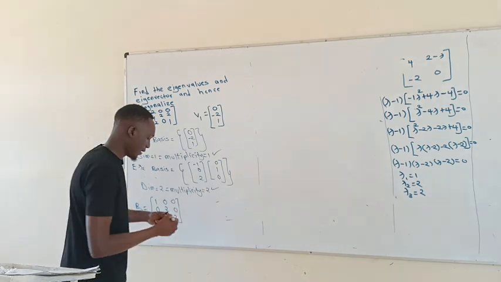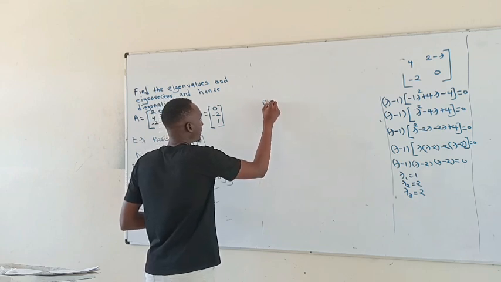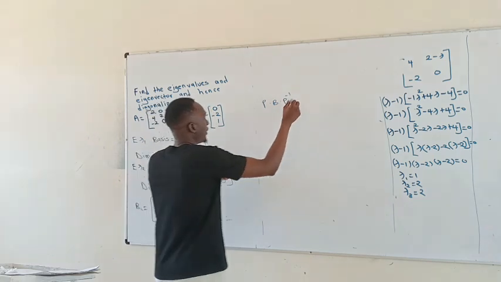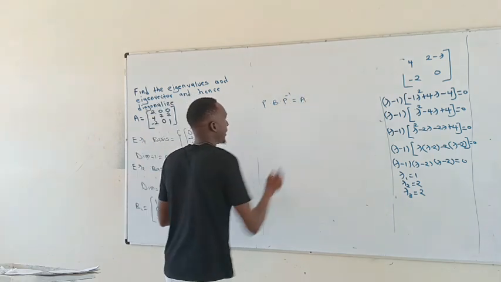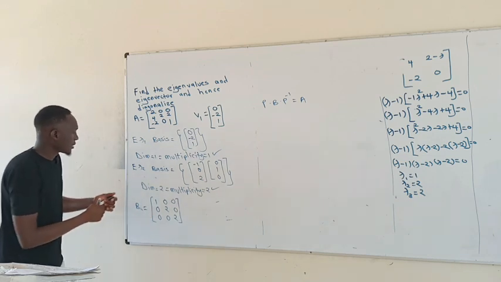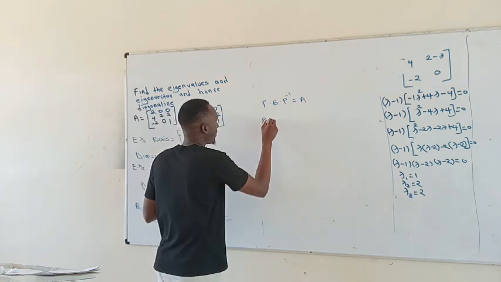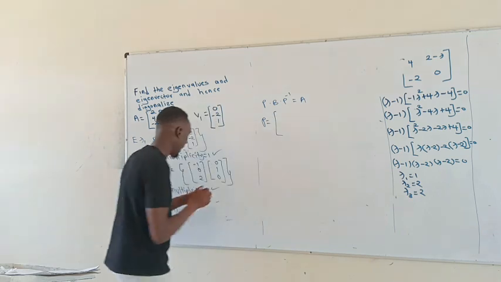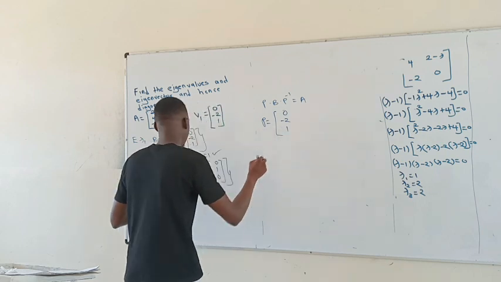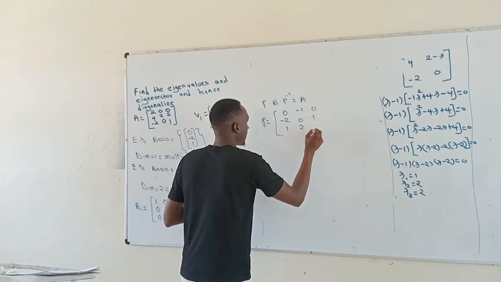Maybe you can be asked to verify. So to verify, you'll know that when you take P times this B times P inverse, it will give us matrix A. And what I didn't mention earlier was that it is diagonalizable with the matrix P equal to the eigenvectors, which is 0, negative 2, 1, negative 1, 0, 2, and 0, 1, 0.